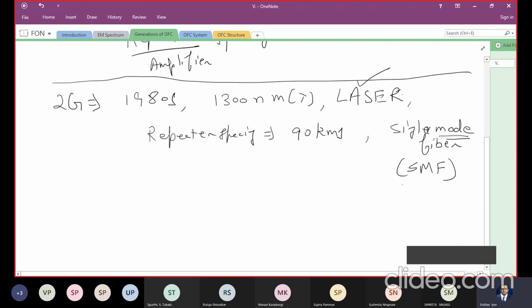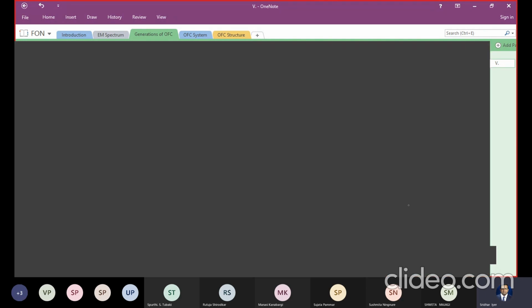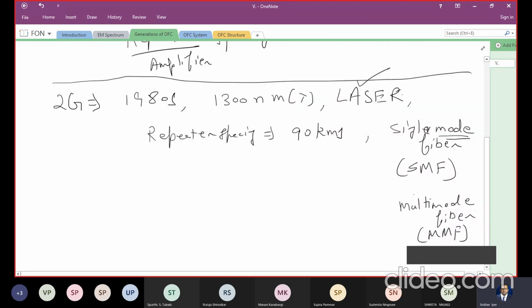Just to let you know right now, there is another type of fiber which is also known as a multi-mode fiber, MMF. As the name suggests, one is having only single mode, the other is having multi-mode. A single mode fiber can be used for long distance, whereas multi-mode fiber can be used only for short distance. All engineers will know this concept.